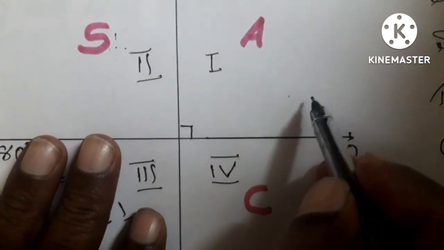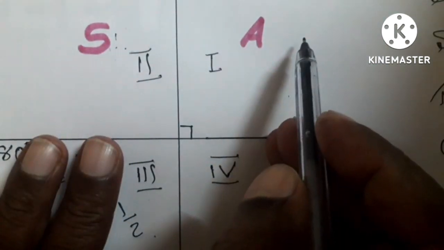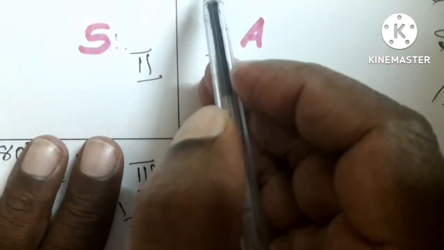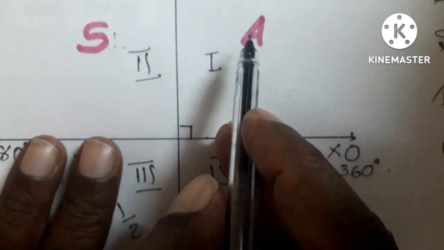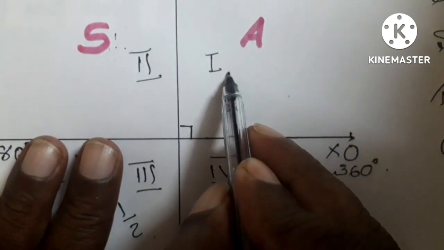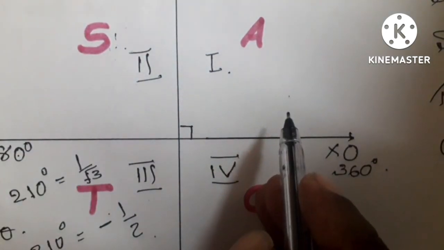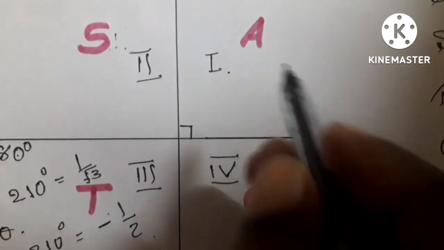Sine 60 lies in the first quadrant, less than 90 degree. Sine 60 is equal to root 3 by 2, and its value is positive.